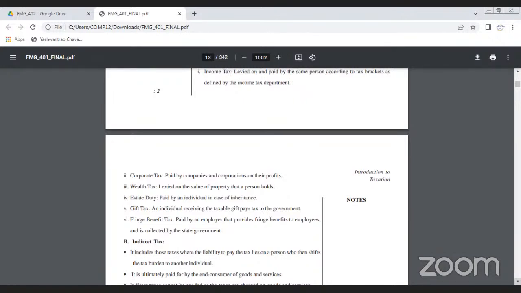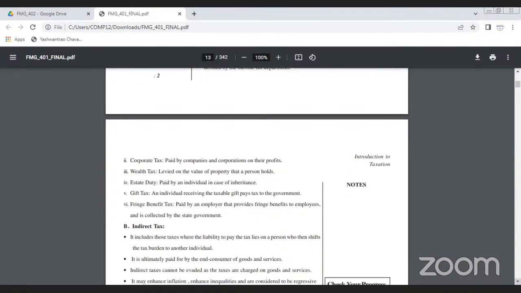Then estate duty, which is paid by the individual in case of inheritance, and gift tax, when an individual receives a gift. FBT means fringe benefit tax, paid by the employer for the fringe benefits provided to employees, and it is collected by the state government.